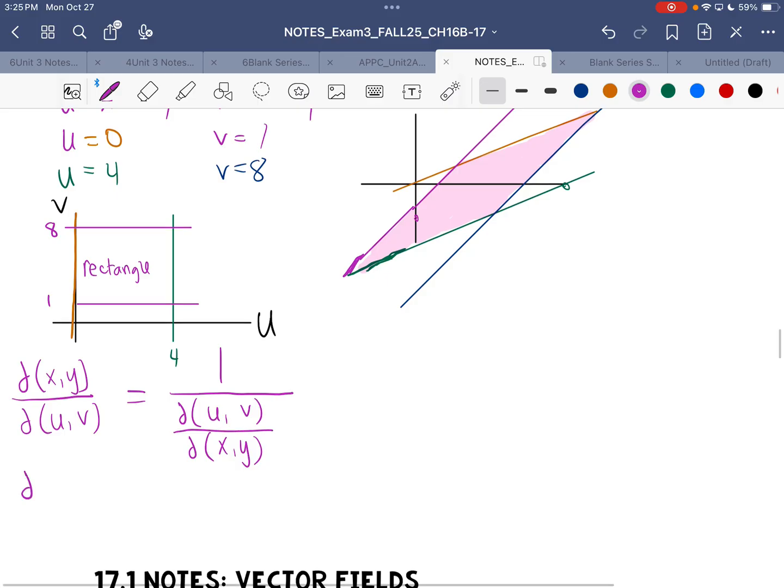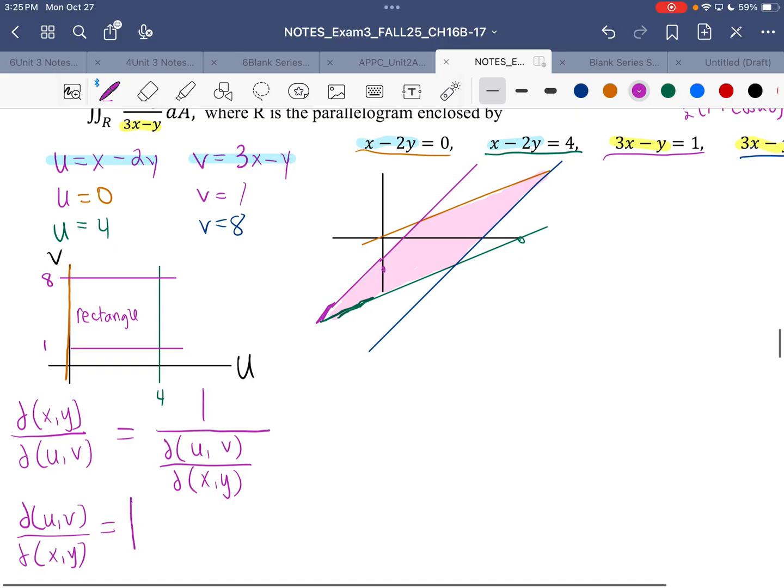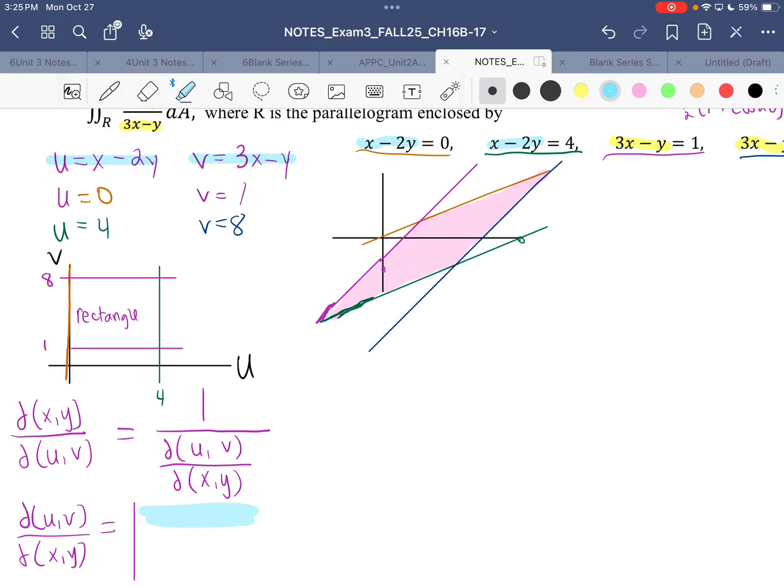So let's do du dv over dx dy, because this is easy to deal with. I know what u is equal to. What's the derivative of u with respect to x? 1.